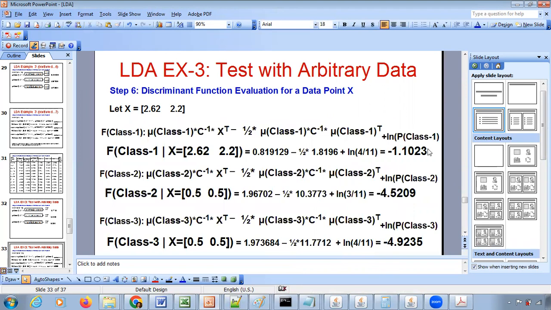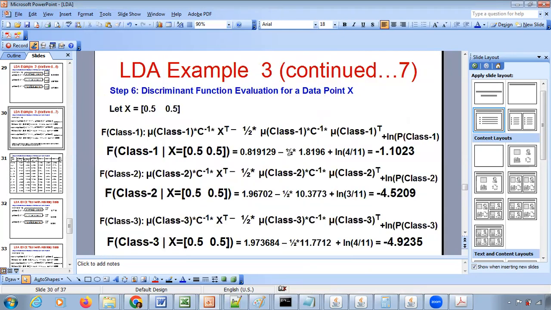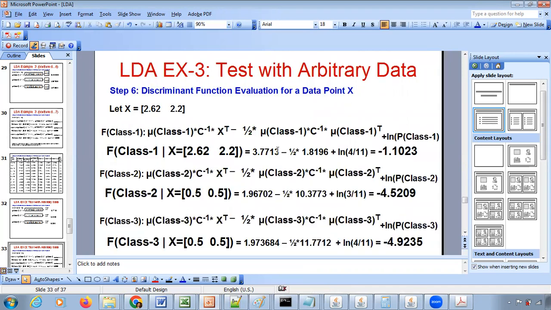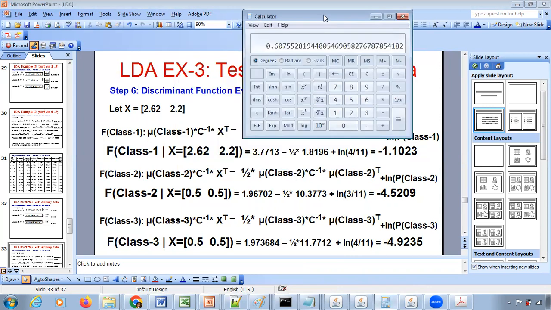Now we have to use these values. We got 3.7713 here, and half of what we got here is 1.8196. Those things don't change. So the answer is 3.7713 minus half times 1.8196 plus logarithm of 4 over 11, which is 1.8499.